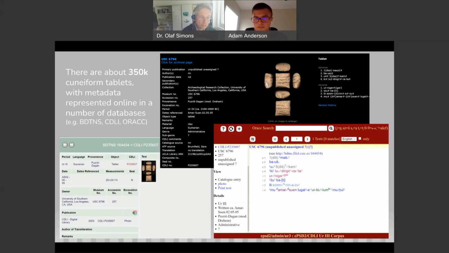You go to CDLI for the image typically, you go to BDTNS for the Neo-Sumerian tablets, and ORACC has projects and the lemmatization of the text. So they each have different qualities and features, and their metadata, of course, is different. And this is all the more reason for a linked data project, so that these databases can continue doing what they have specialized in, but we can then link these together.